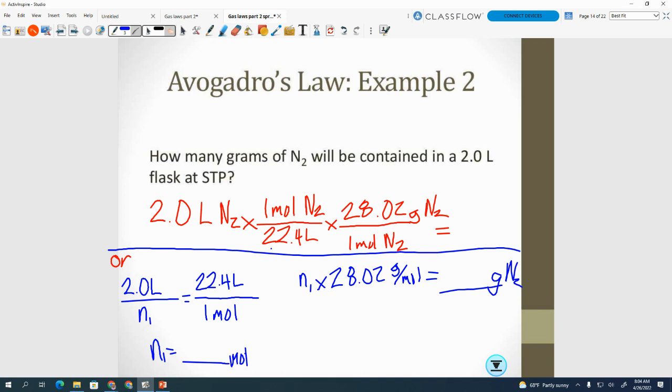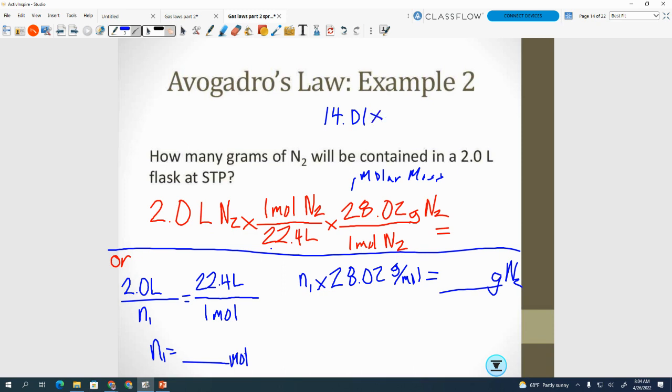And then here, where did I get 28.02? That is the molar mass of N2. Remember that one nitrogen atom is 14.01 grams.